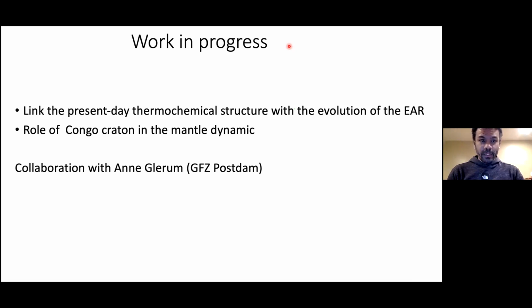Something which I'm wondering, within the Tanzania craton, I'm from Tanzania, by the way, in the Tanzania craton, we have several hot springs. So my question is, how can you explain the presence of the hot springs within the craton while your model shows that there is downwelling of the mantle?